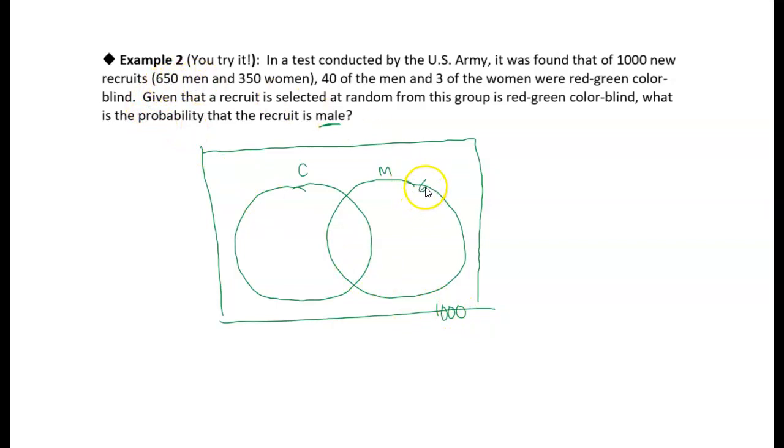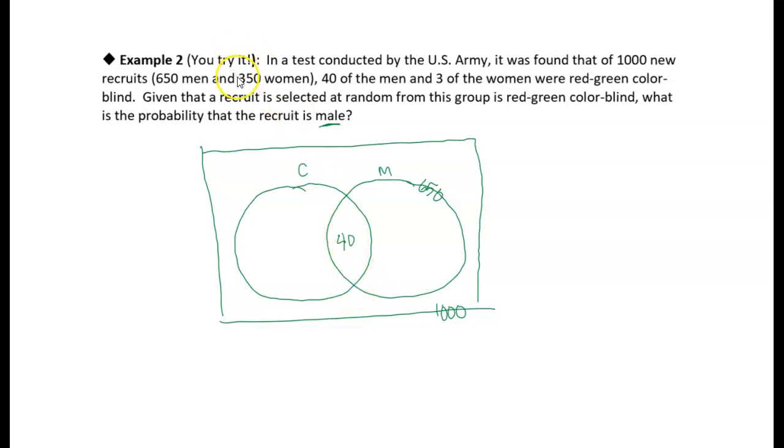Okay, so I know that the set of men is 650. Which means that 350 are women. And then 40 of the men were colorblind. Okay, so 40 of the men were colorblind, so 40 of them are in that intersection.